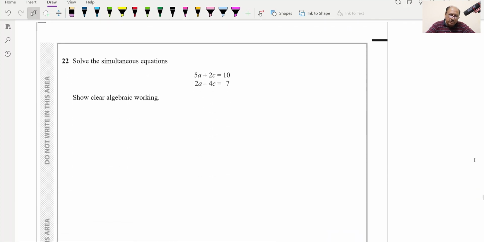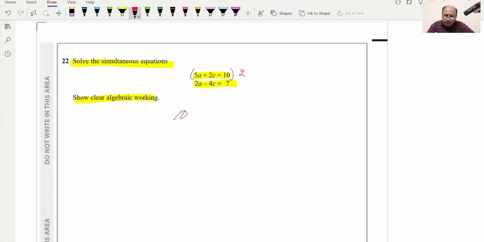Now question 22, solve the simultaneous equations, and we have to show clear algebraic working. So we can check the first equation to equalize the coefficients. We can multiply the first equation by 2, and the coefficient of c will be equalized.